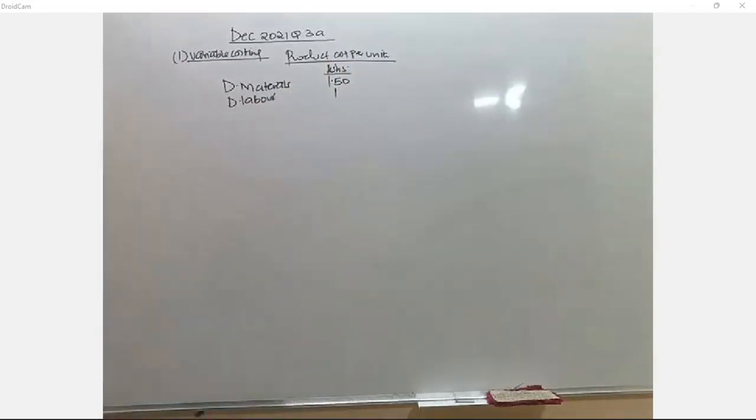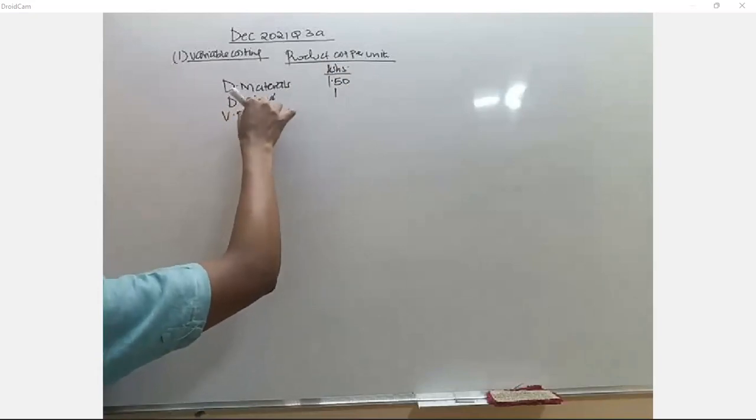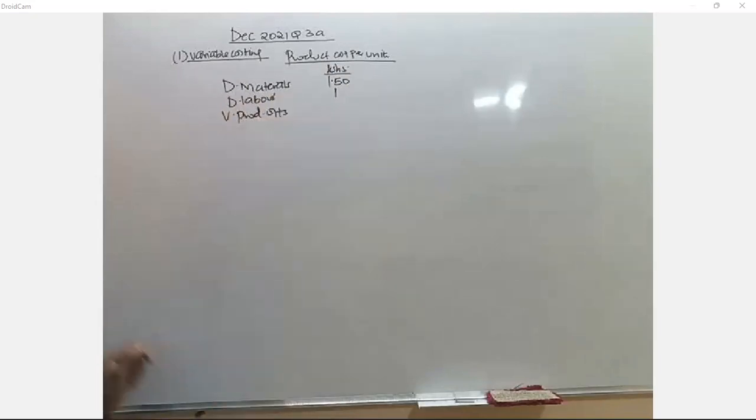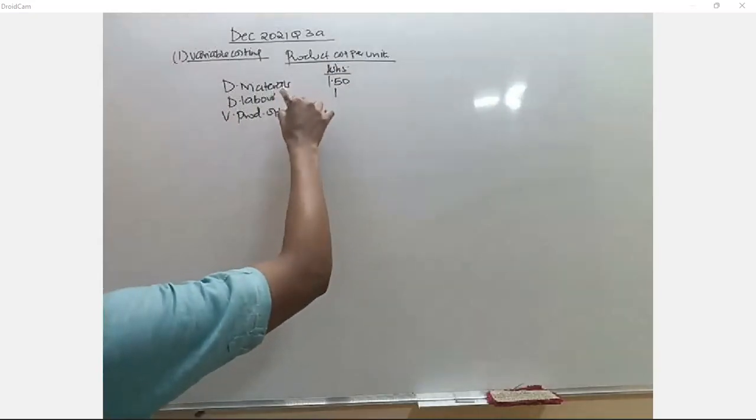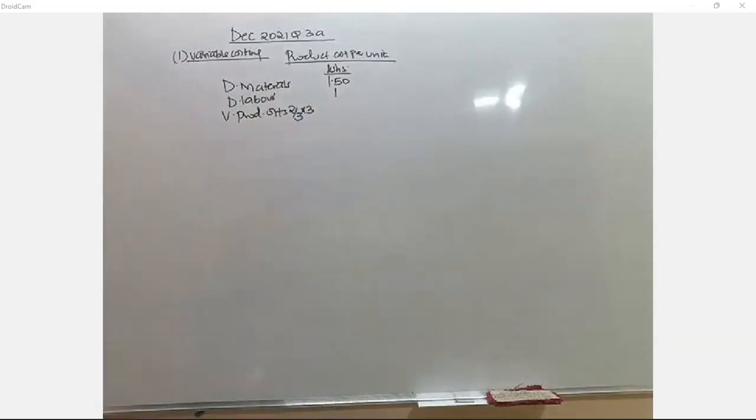Then I can see we have the variable production overheads. How much should the variable production overhead be? I can see we are told 1/3 of the production overheads are fixed, so we are discussing 2/3 being variable. 2/3 of 3, how much are we getting here?